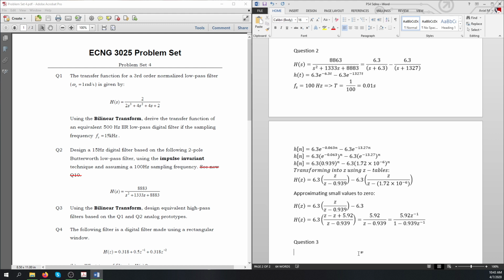I think safety-wise, you should also always put it in negative powers of Z, because typically you'll be working in positive powers of Z throughout the entire thing. It's only one step further to put this in negative powers of Z.